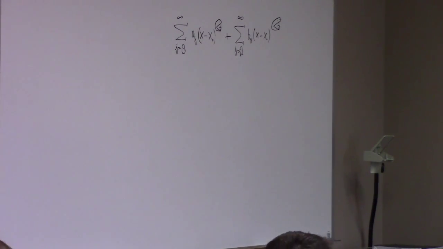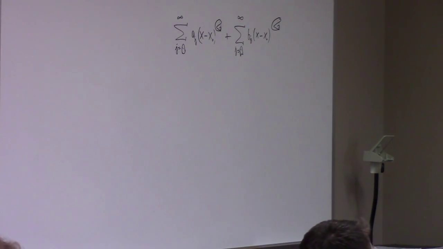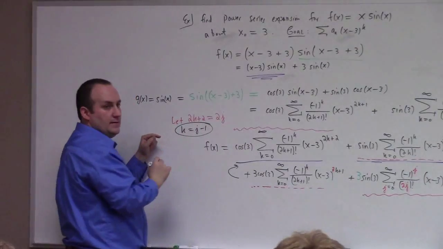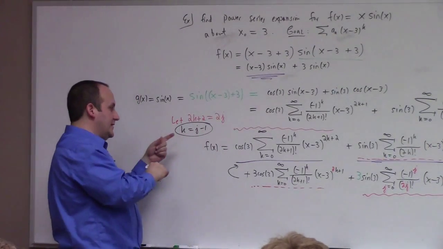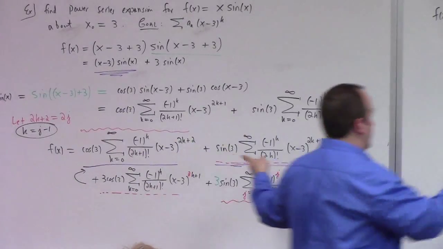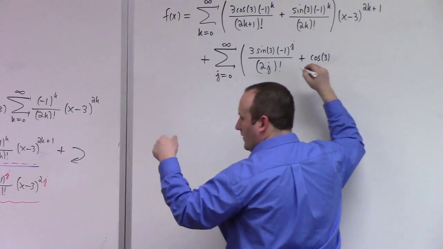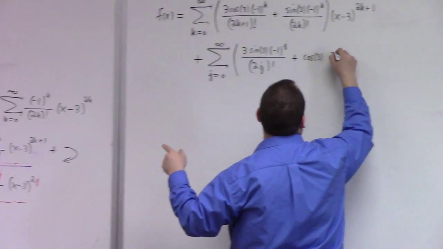So I have to make a substitution here. The substitution I make is 2j is equal to 2k plus 2. In other words, how are k and j related? This means k is equal to what? j minus 1, right? Okay, so we just plug in j minus 1 in the place of k in that formula, and that's the other thing. So plus cosine of 3, minus 1 to the what?